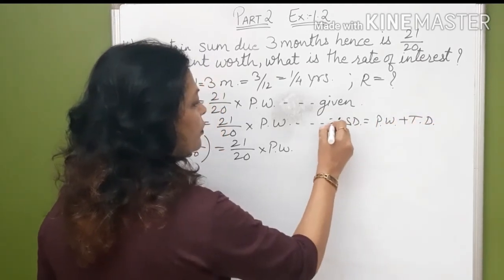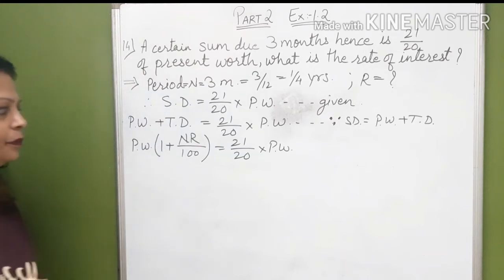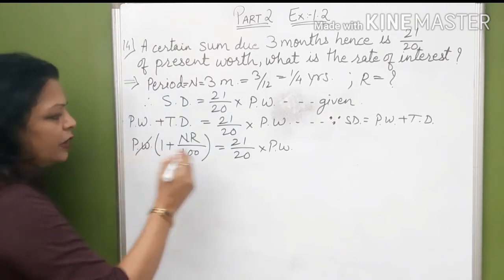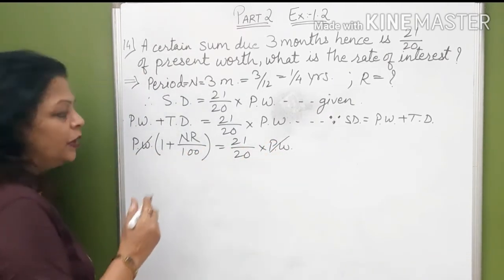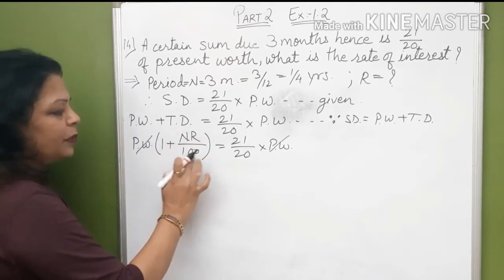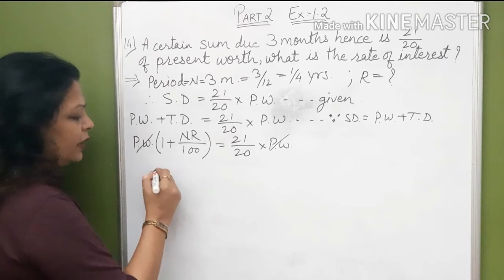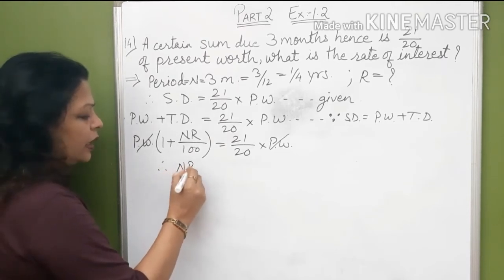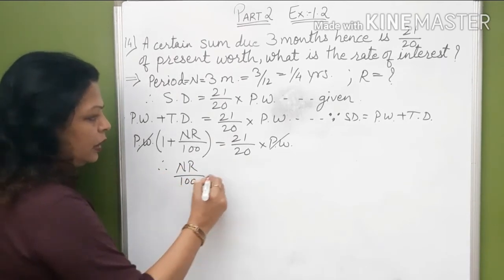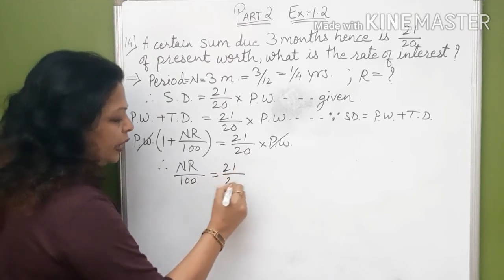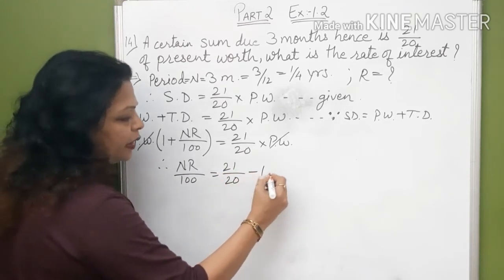This is what we have used the formula. So now here present worth will get cancelled. You get 1 plus NR upon 100 is equal to 21 upon 20. Take this one on this side. So you get NR upon 100 is equal to 21 upon 20 minus 1.